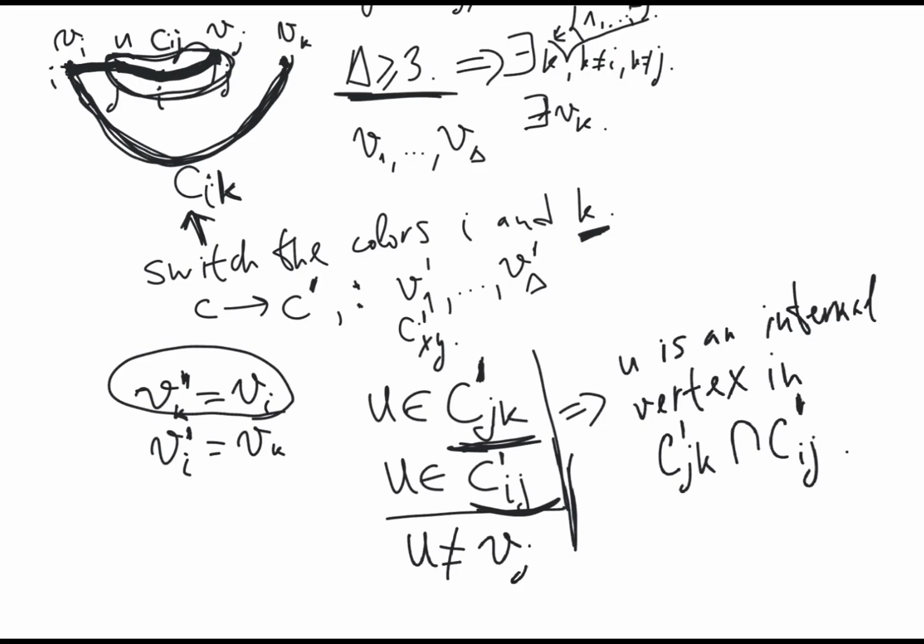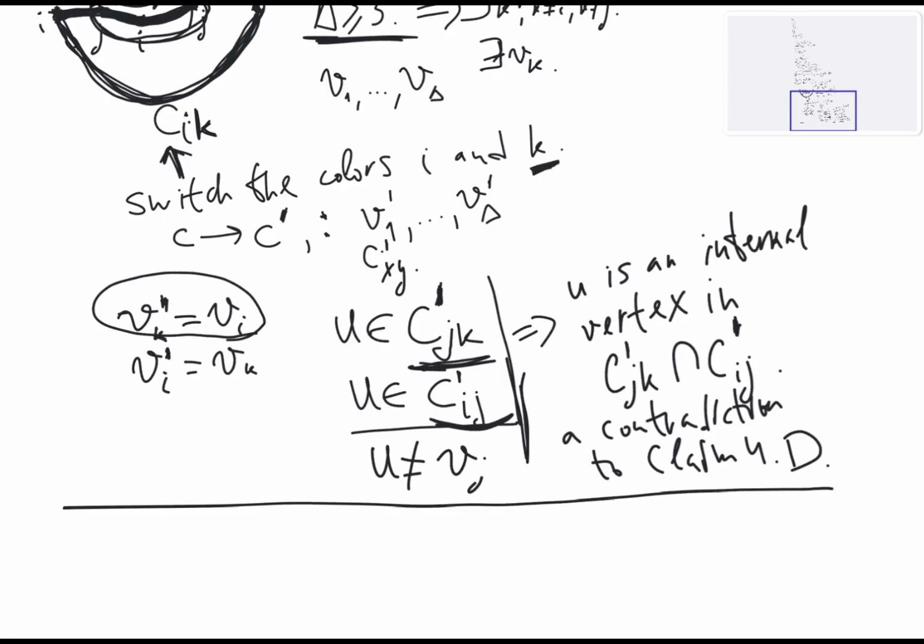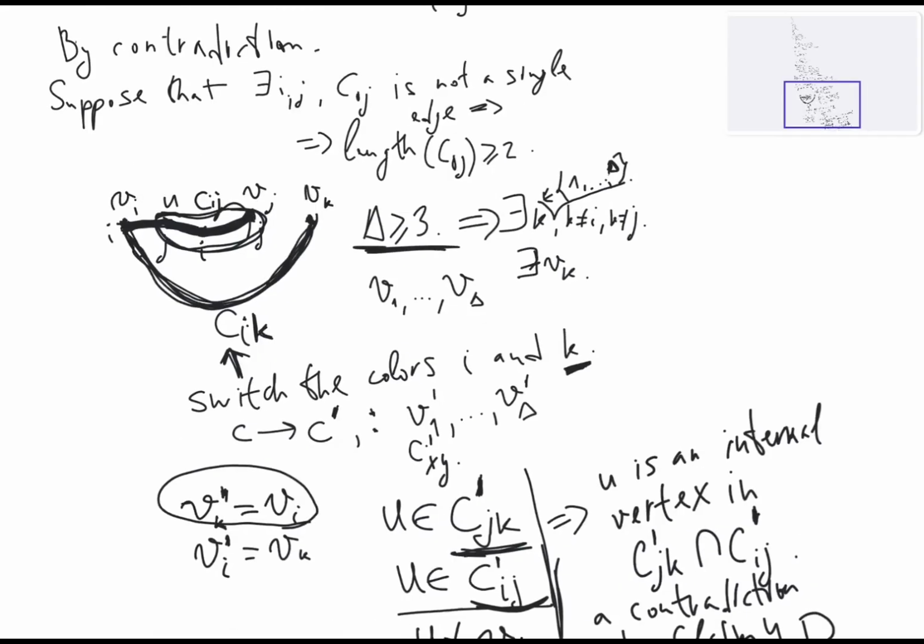And this is a contradiction to claim 4, the previous claim. This concludes the proof of this claim, because claim 4 applies not only to the coloring C, but to the coloring C prime as well. So it applies to any coloring. So this proves claim 5.